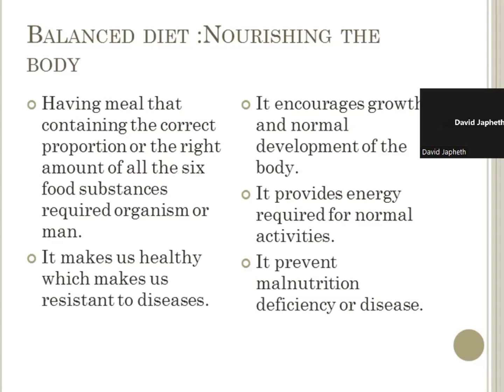It makes us healthy and resistant to diseases, in the sense that we hardly get ill. It encourages growth and normal development of the body. It just makes us grow at a normal rate without increasing or decreasing it. It provides energy required for normal activity, and it prevents malnutrition disease.